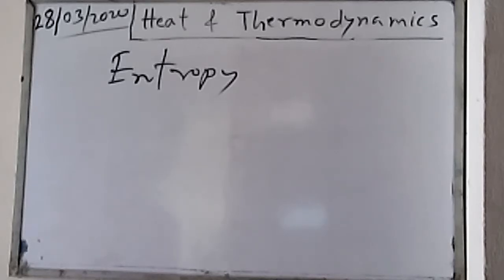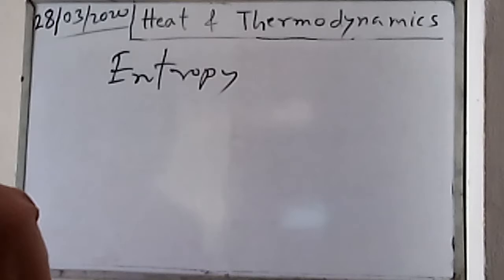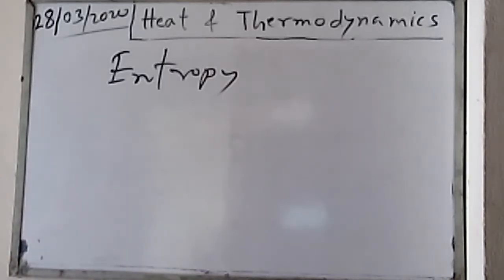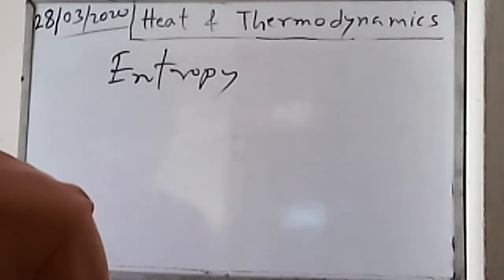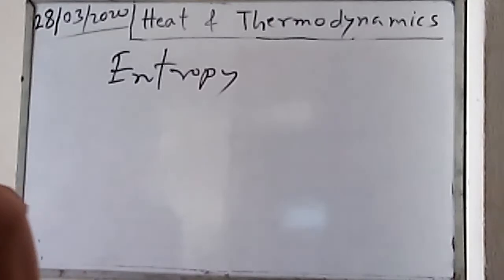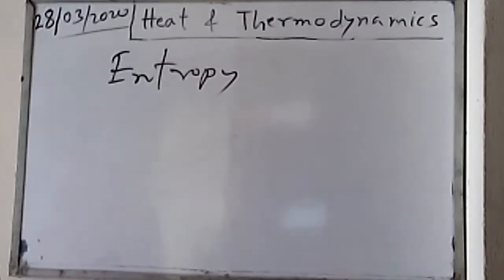The disorderness or randomness of molecules is much higher in steam than in water and ice. And the quantitative measure of the disorder in a system is known as entropy. The quantitative measure of disorder in a system is known as entropy.